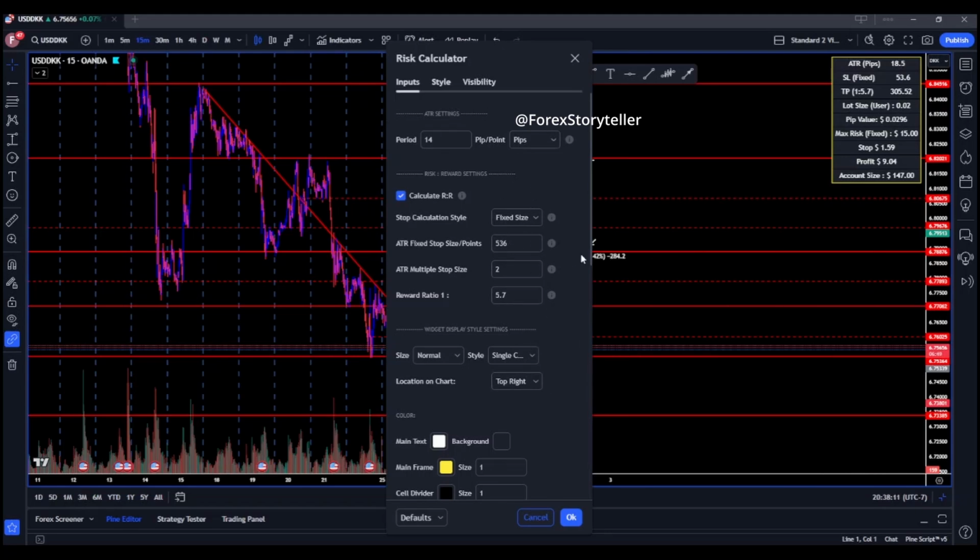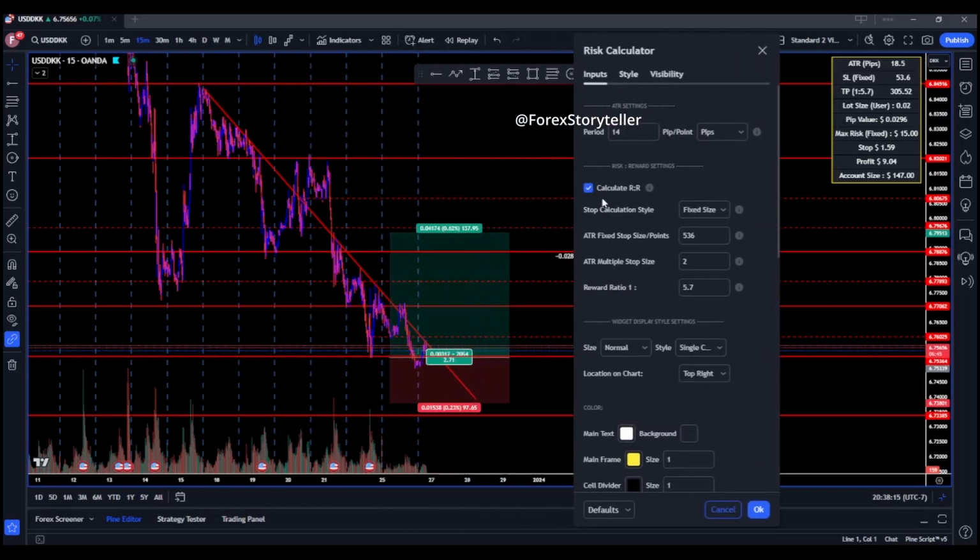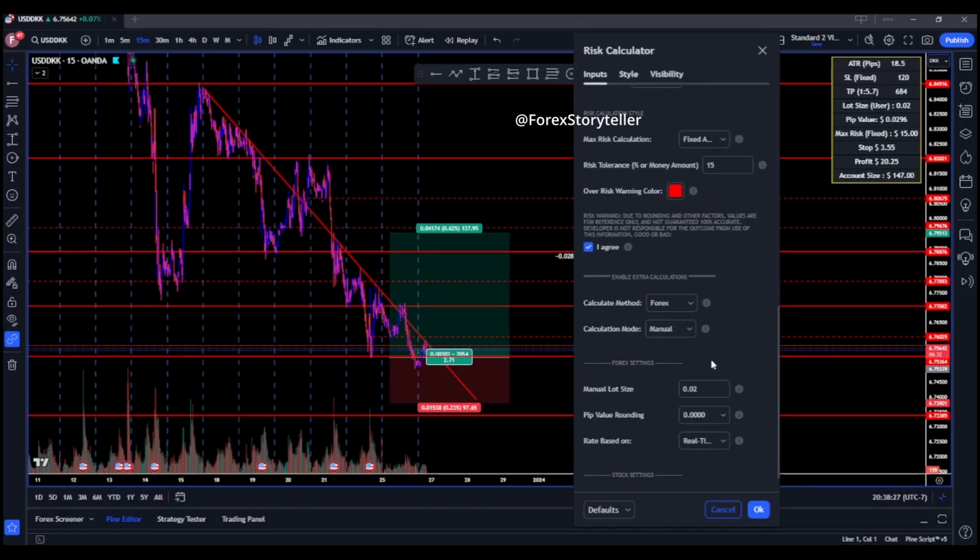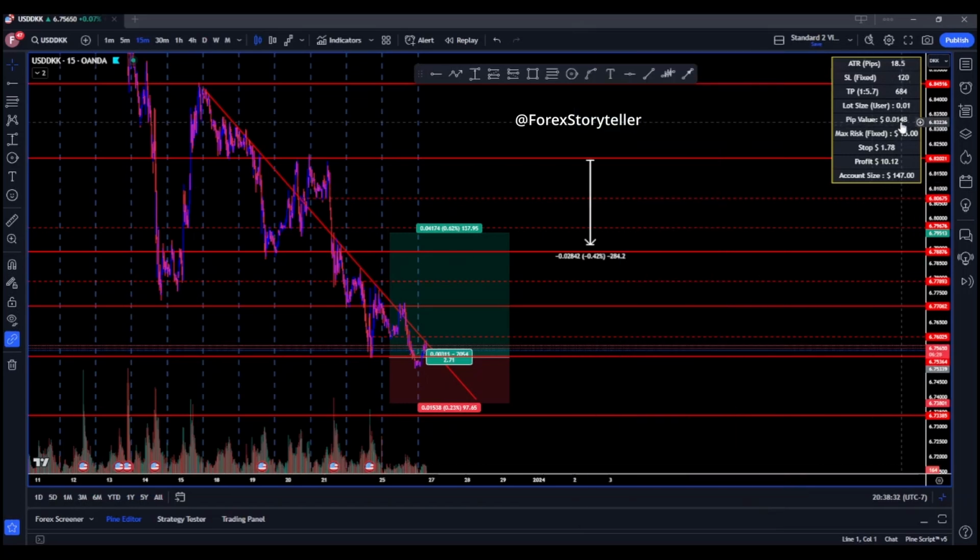This is a currency converter and more of a sizing calculator, but I will typically use about 120 pips or 1200 points on the Danish krone, and I'm going to switch this to just a single lot, and you can notice how small the pip value is, so I will leave a little bit more room for that.